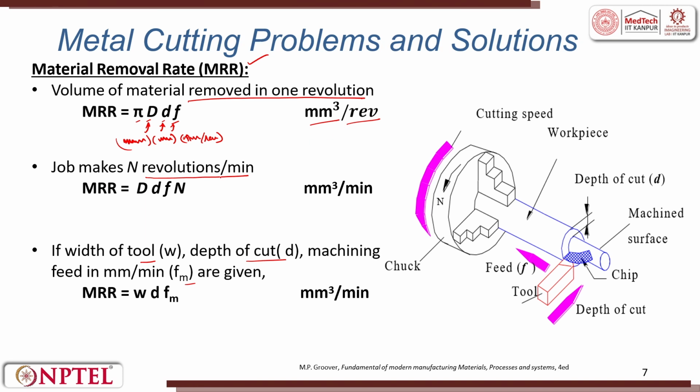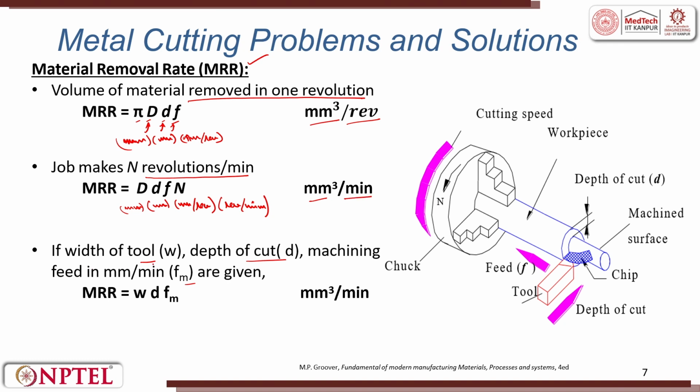If the job makes N revolutions per minute, then it becomes pi D d f into N, where D is in millimeters, depth of cut is also in millimeters, feed is in millimeters per revolution, and N is revolutions per minute. So this becomes the volume removed per minute.